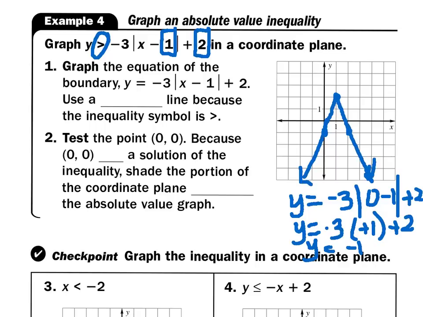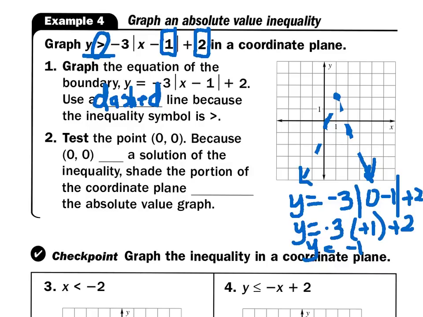Now, I need to look at the boundary line. This needs to be a dashed line. I'll use my eraser and dash it out. And now I need to pick a test point. 0, 0 kind of looks like it, but 0, 0 is not quite on that line.